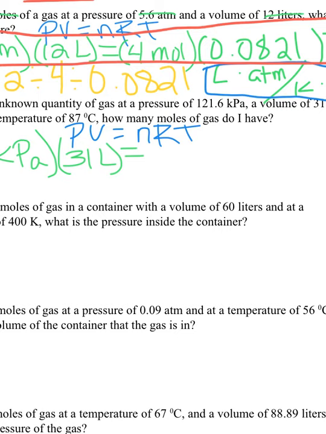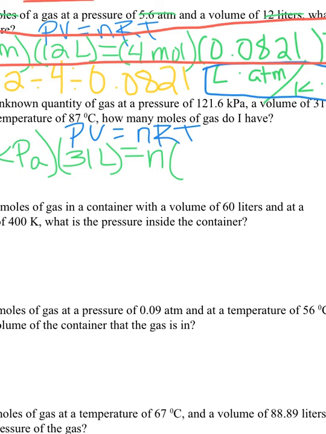How many moles of gas do I have? So N is the next variable in our equation. N stands for number of moles of gas. So that is what we're solving for. We are solving for N.